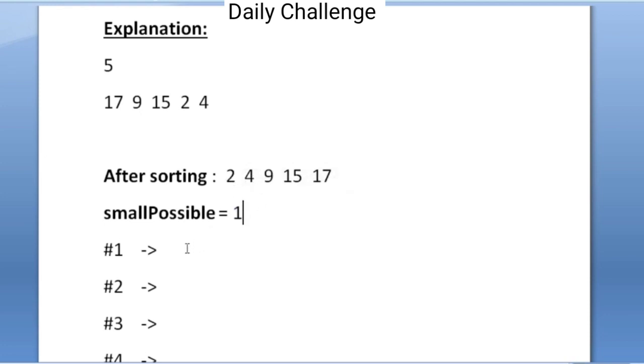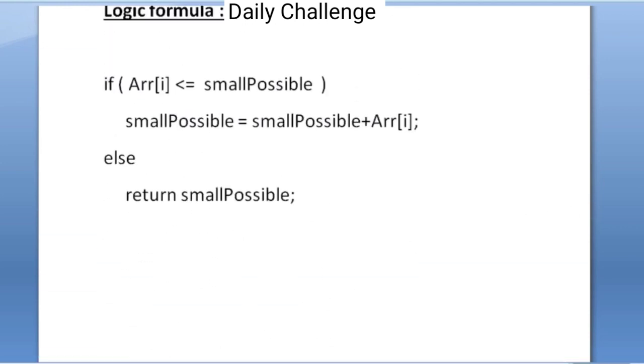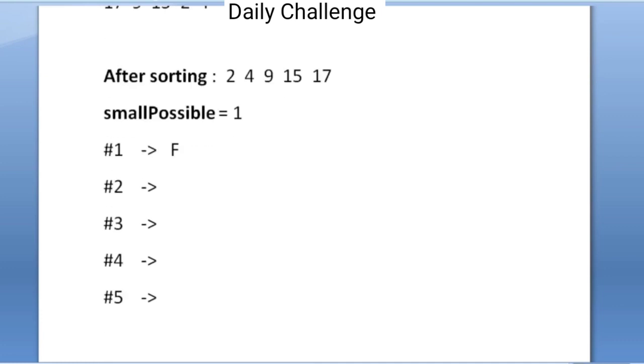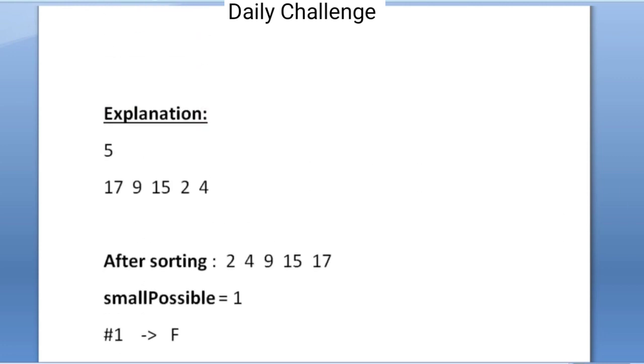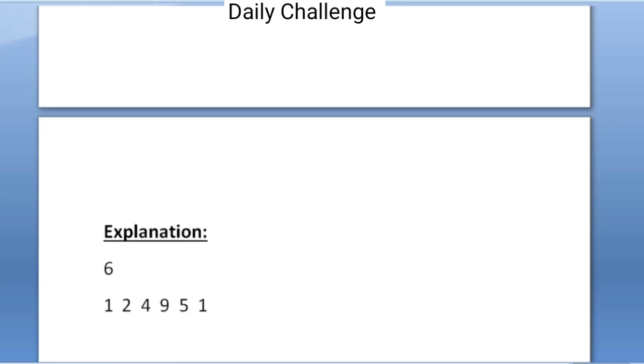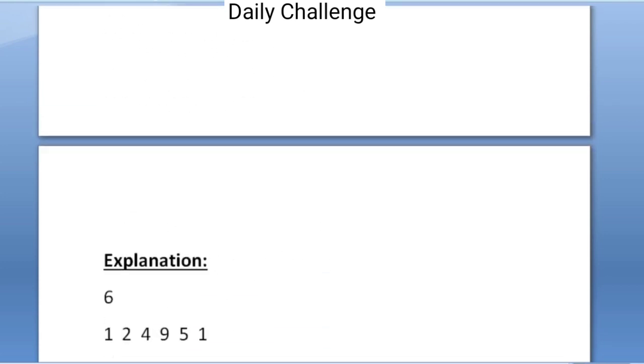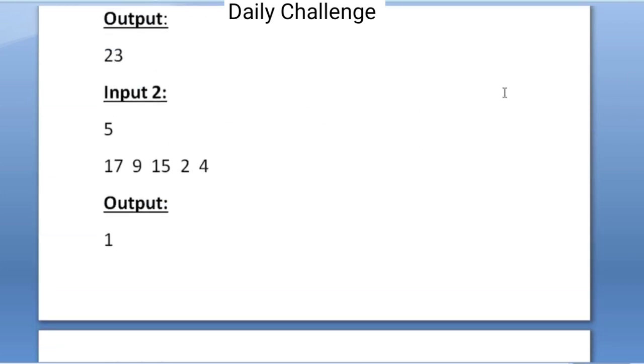So 2 less than or equal to 1 is false. In that case, according to the logic, we are just going to return the smallest possible. Initially the smallest possible is 1 and we haven't made any update. So it's going to return 1. And we can see here that our output is 1.